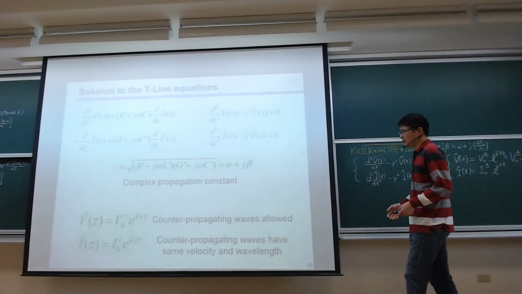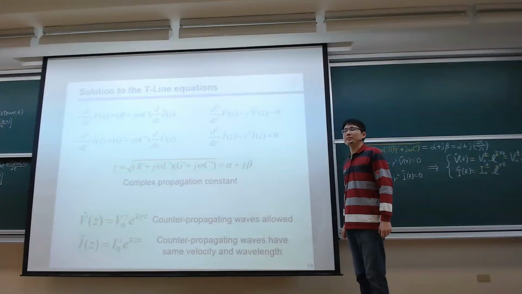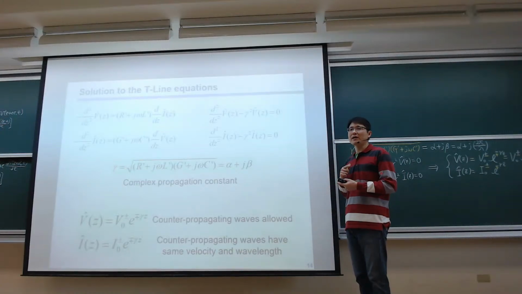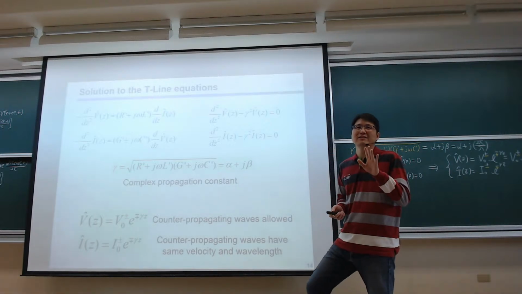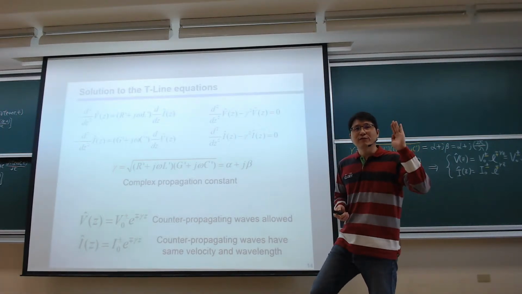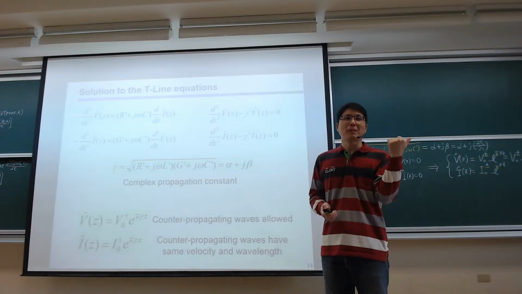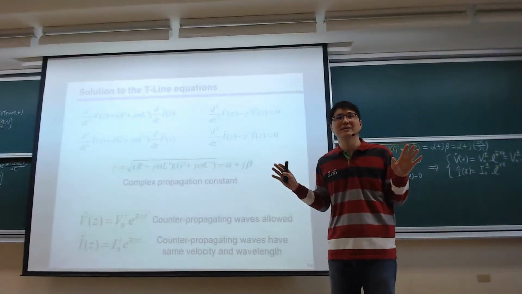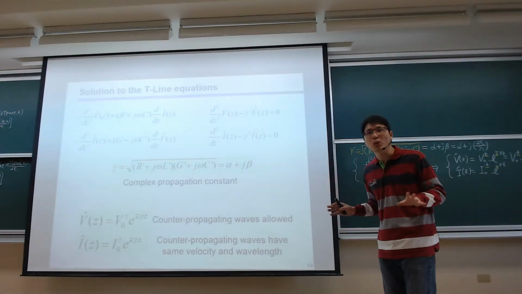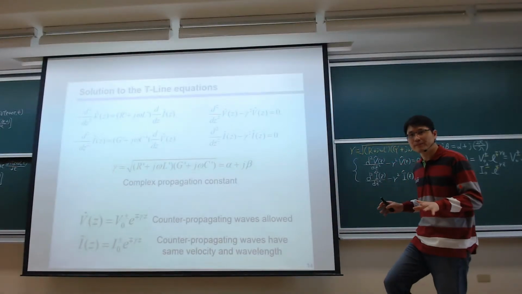Second physical meaning is, just as I said, counter-propagating waves, no matter whether voltage or current, have the same propagation constant. So that's nice. If the forward propagating wave and the negative propagating wave had different propagation constants, that would be too messy, right? And it's impractical and unphysical.